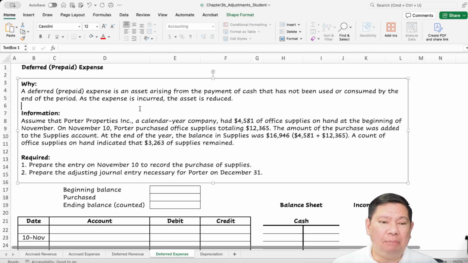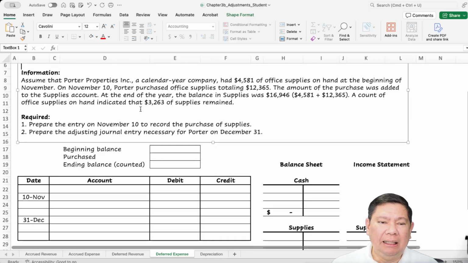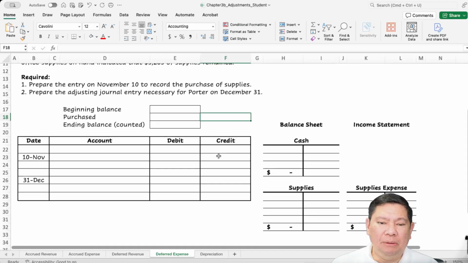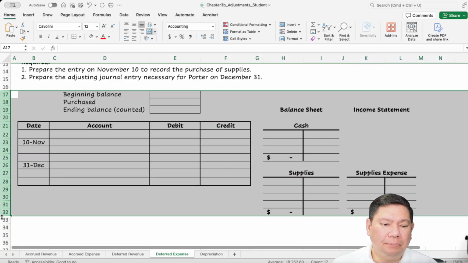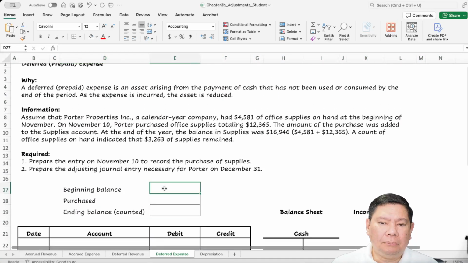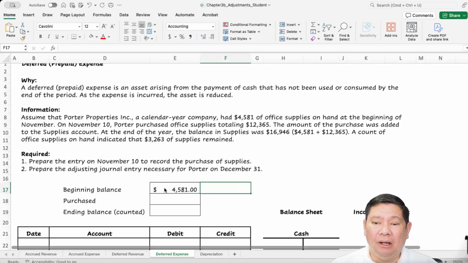Okay, the example that we're going to look at here is supplies. Assume that Porter Properties, a calendar year company, had $4,581 of office supplies on hand at the beginning of November.